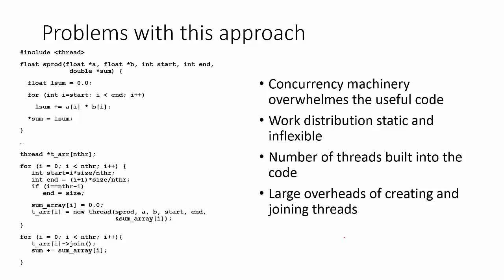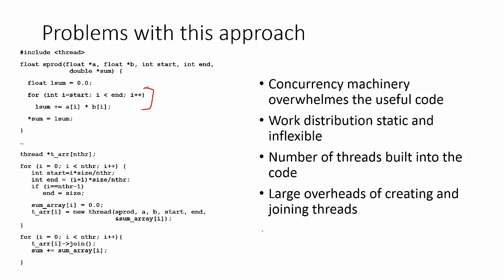Overall, the problem with this approach is that the concurrency machinery totally overwhelms the useful code. The useful code is here. That's the only useful thing we have. The rest is just machinery to get it working. The work distribution among the threads is static and inflexible. The number of threads is built into the code, it's hardwired, and there are large overheads of creating and joining threads.